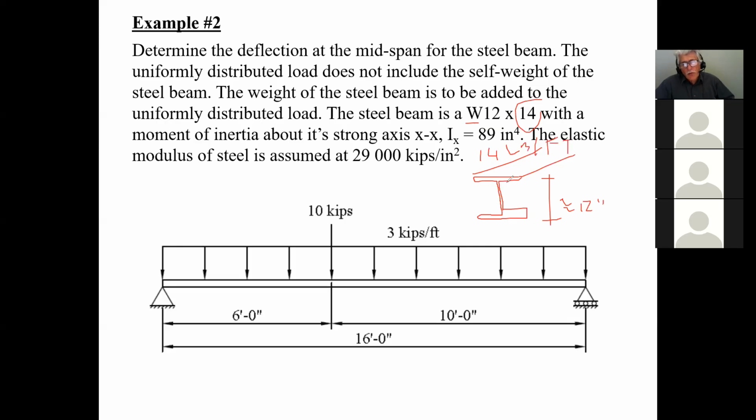So for each foot of beam I have, if I want to know the total weight of this beam, I take 16 times 14. It will tell me how much this beam is going to weigh, the whole weight. The nice thing about the imperial system is that I'm not working in mass that I have to convert into a force. The 14 pounds is already a force, and therefore I can just simply add it directly to my force.